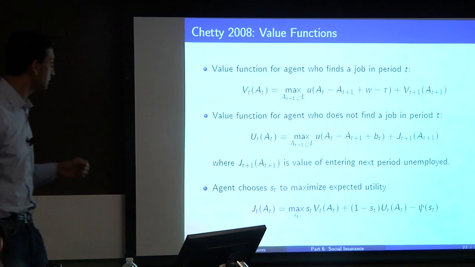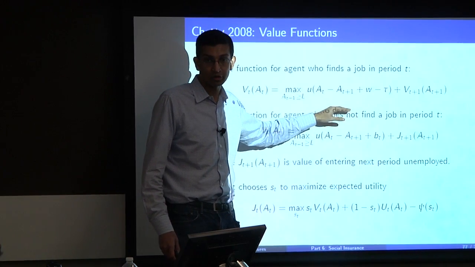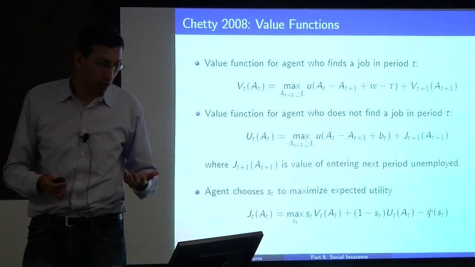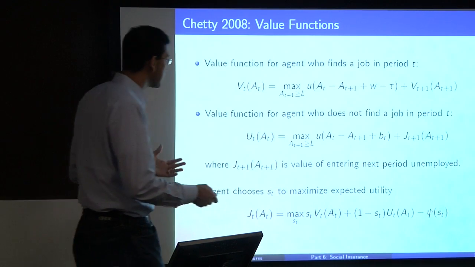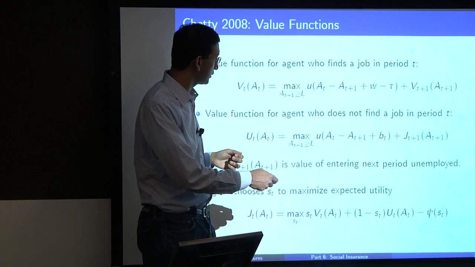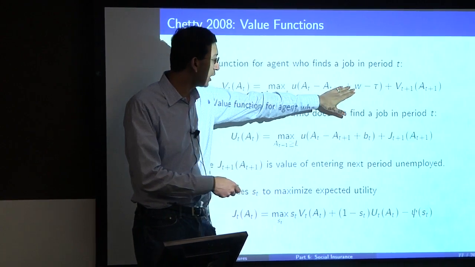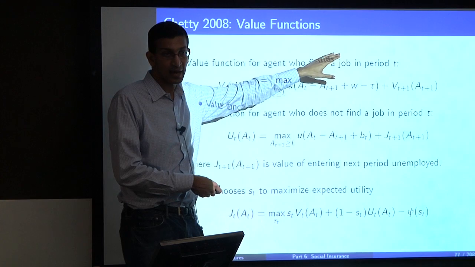Now, analogously, there's a value function for an agent who's unemployed and is unsuccessful in job search in period t. All right? And I'm going to call that U_t of A_t. And it has exactly the same structure, where what determines your flow utility and your consumption in period t is not the wage, it's the benefit, because you're getting the unemployment benefit instead of the wage minus the tax.